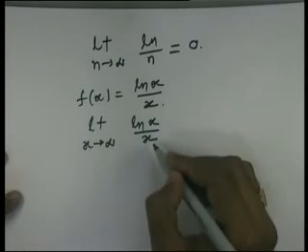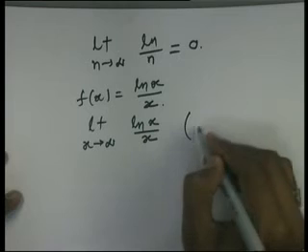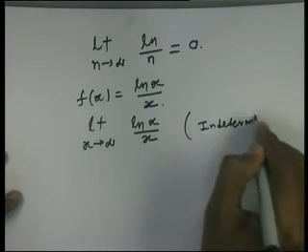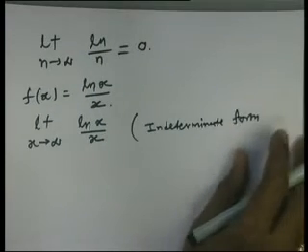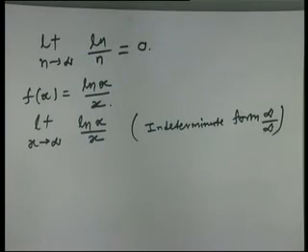Log x is a continuous function, x is a continuous function. This is actually an indeterminate form of the type infinity by infinity.